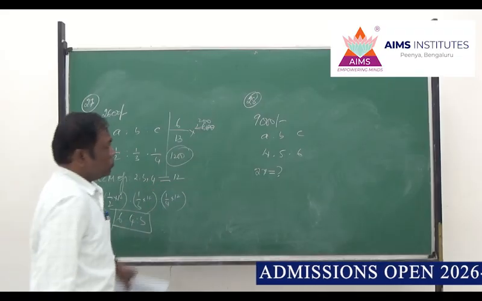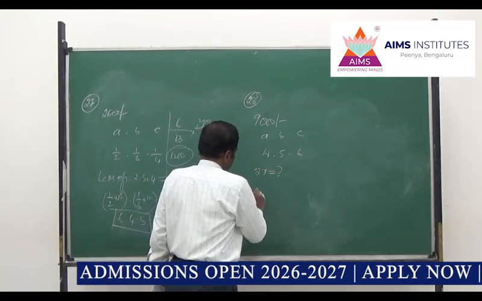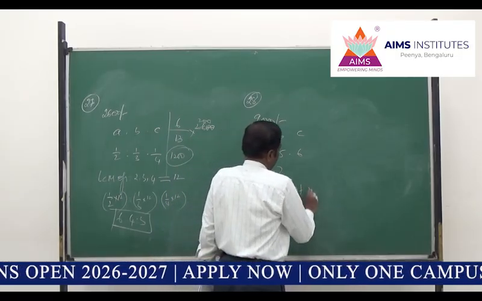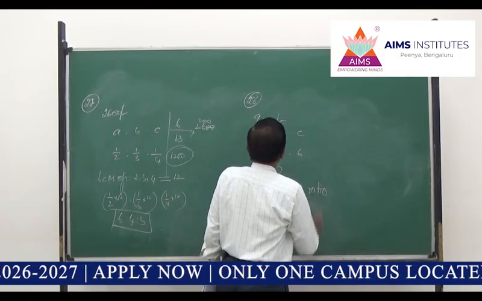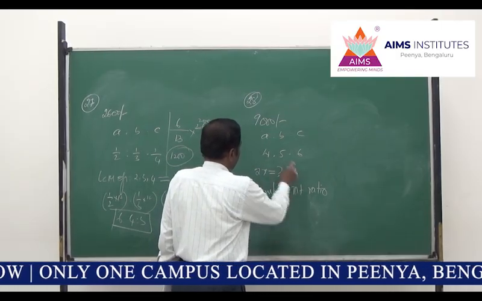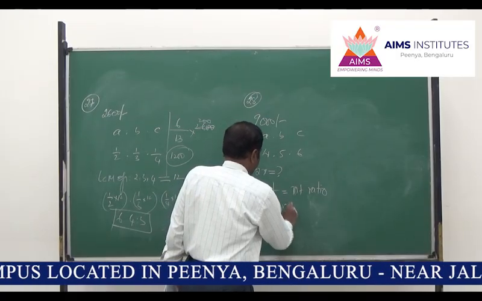Total amount is equal to total ratios. So total amount 9,000 is equal to total ratios 4 plus 5 plus 6, that is 15x.